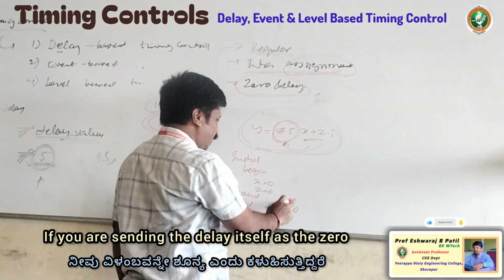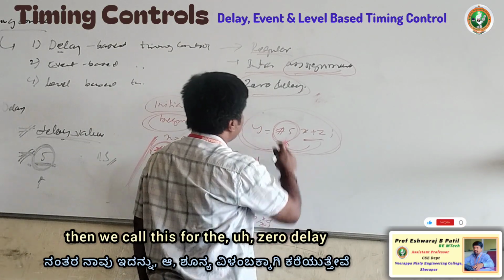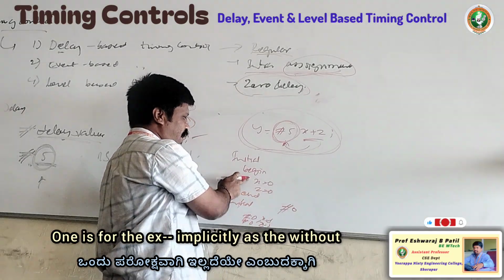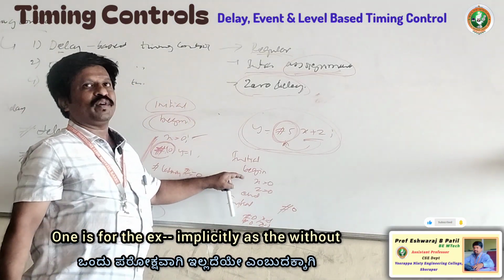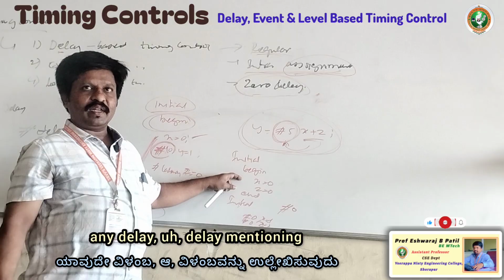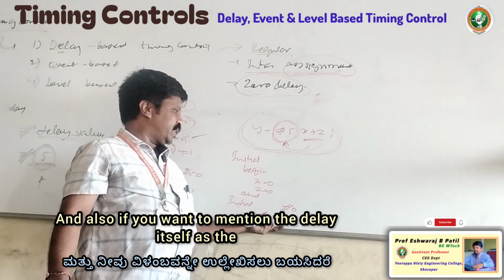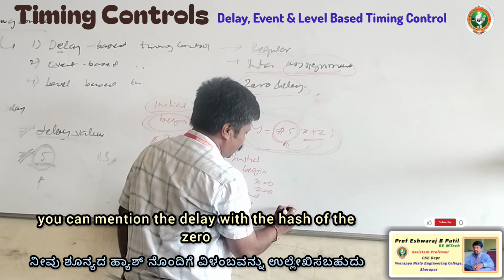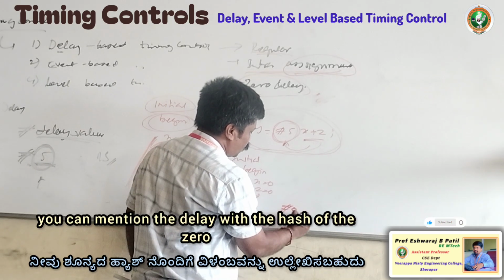If the delay itself is 0, then we call it the zero delay. Zero delay can be mentioned in two ways: implicitly, without any delay, or explicitly in the statement with hash of 0.